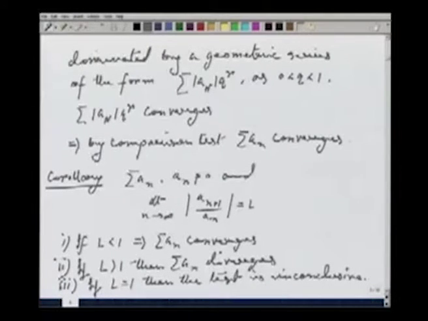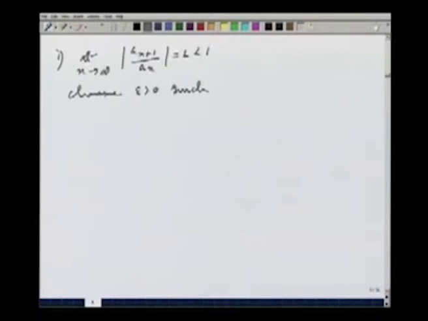Now let us see a quick proof of this. So we start with 1. Given that limit n going to infinity mod an plus 1 by an equals L, which is less than 1. I know that. Now choose epsilon bigger than 0 such that L plus epsilon is less than 1 and L minus epsilon is bigger than 0.